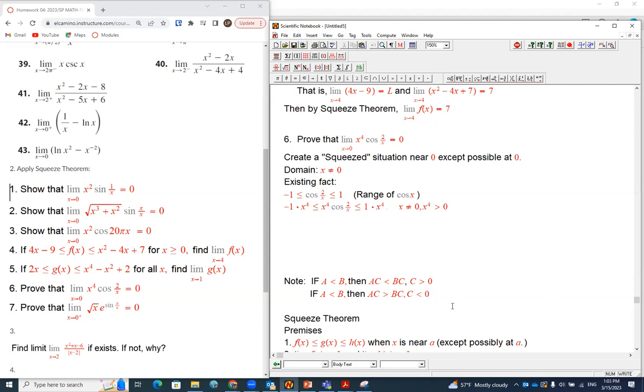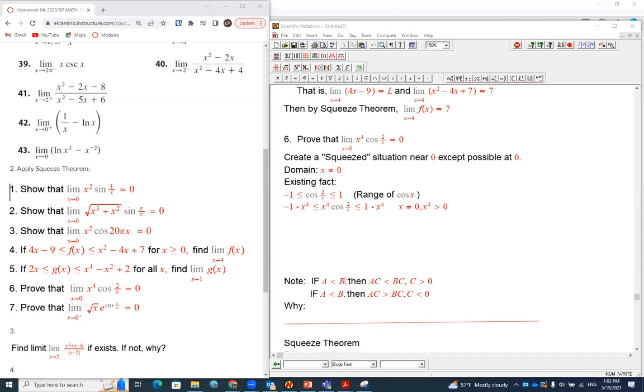Why is that? Let's look at the number line.